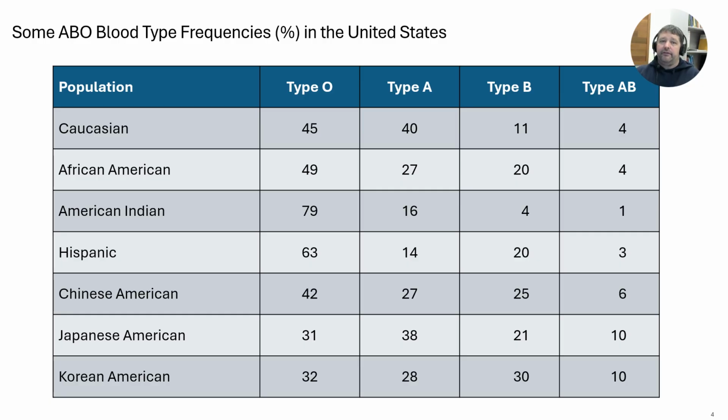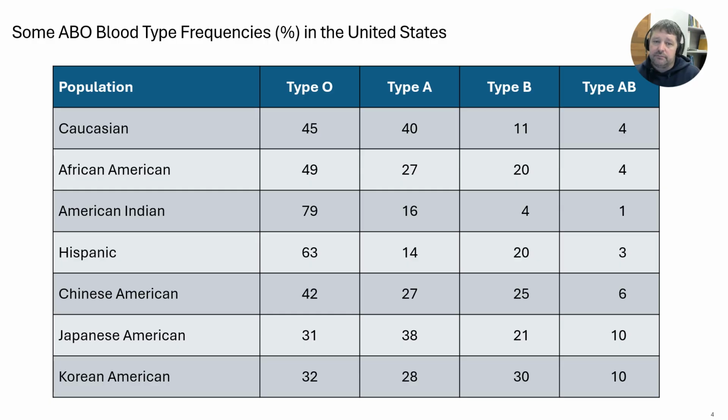So let's look at the frequency of the different blood types, and then we'll get into what it means to have O type, A type, B type, etc. For the most part, O is the most prevalent in most groups of people in the world, then A or B, but AB is the least common for all populations.